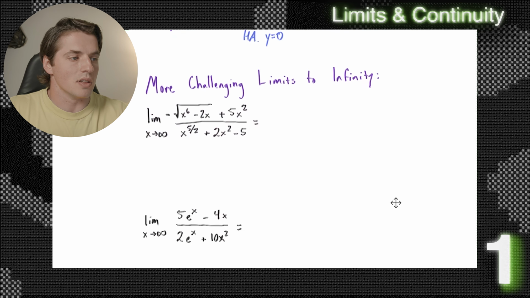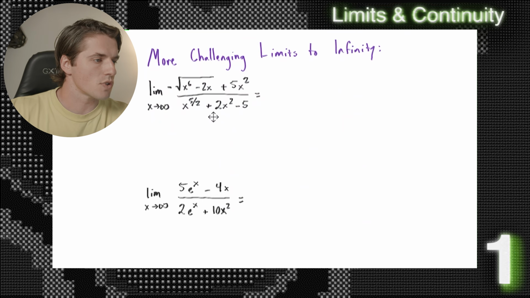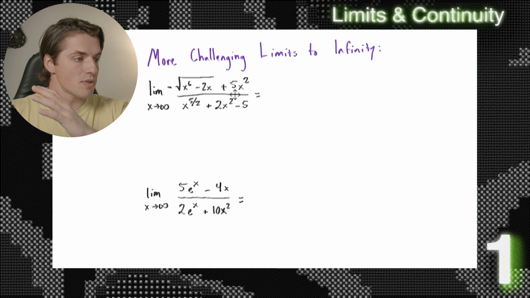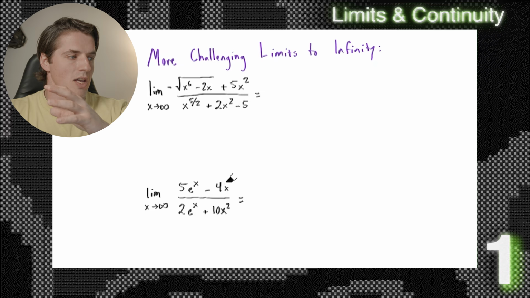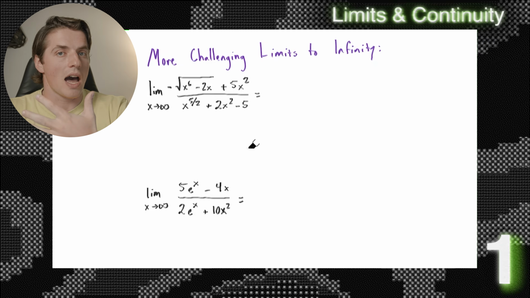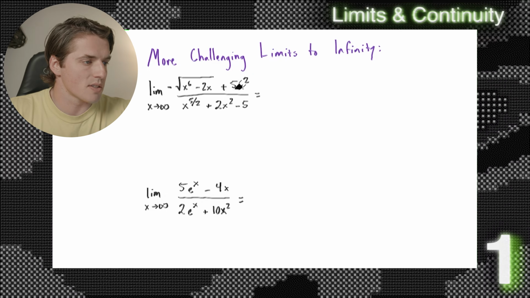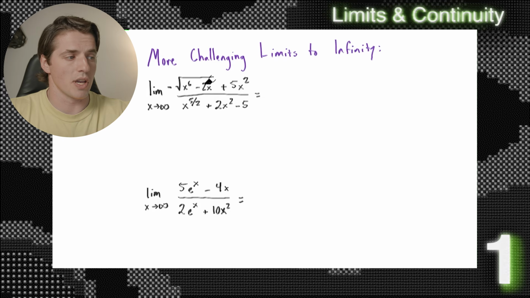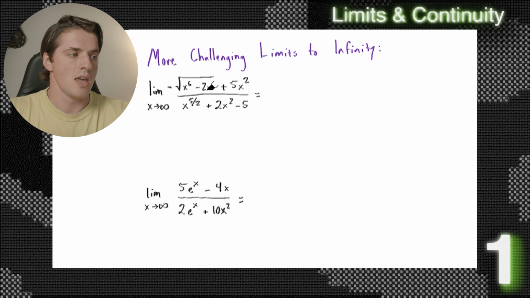Okay, let's talk about a few more challenging limits to infinity. So we have something with a square root in the numerator and something with an x to the 5/2 in the denominator. What we're going to do here, we're still going to look for our highest degree term. So we have x to the 6 minus 2x plus 5x squared. 5x squared is certainly bigger than 2x, and especially the square root of it.